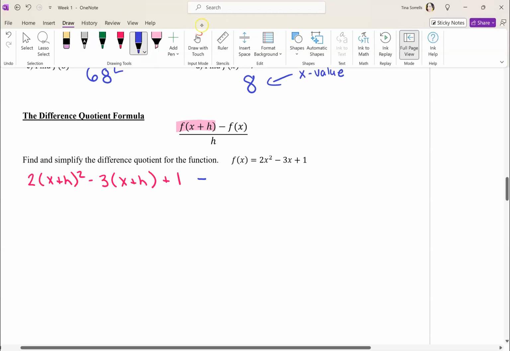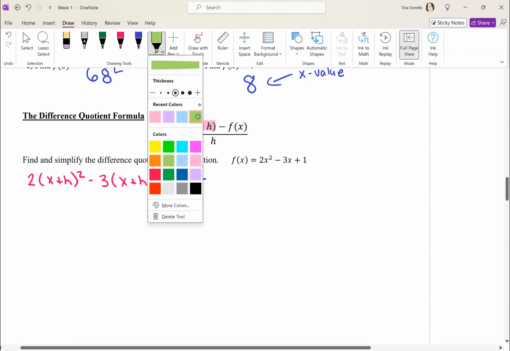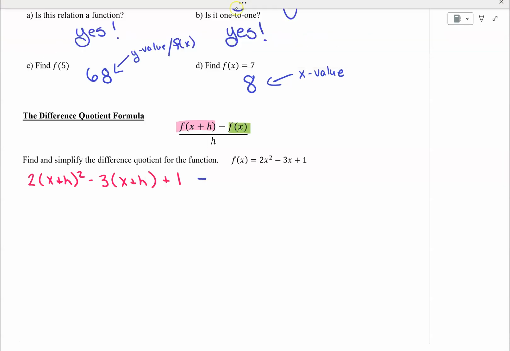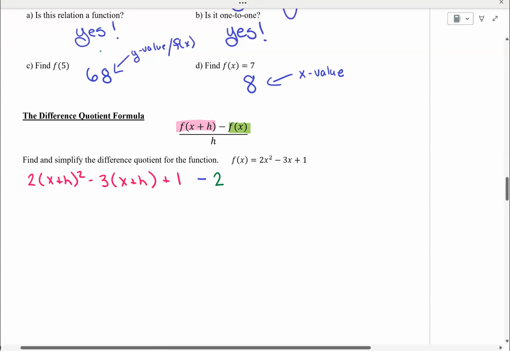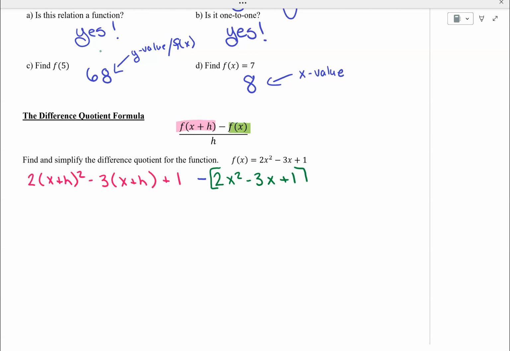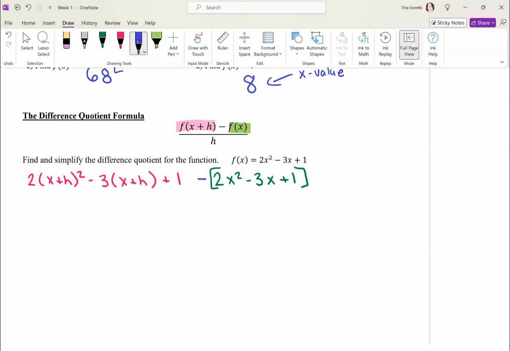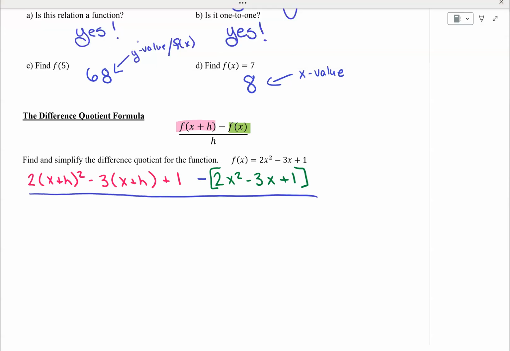And then I am going to use my green for the f of x. Okay, so f of x is just going to be the original problem. I'm going to put this one in brackets. Okay, and then I'm going to use my blue to go back to my original problem because, like I said, I want to try to keep everything color coordinated for you.